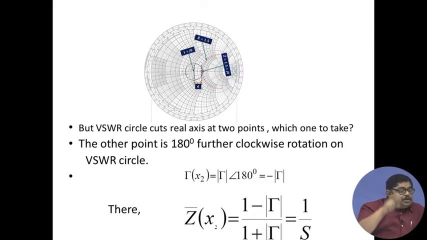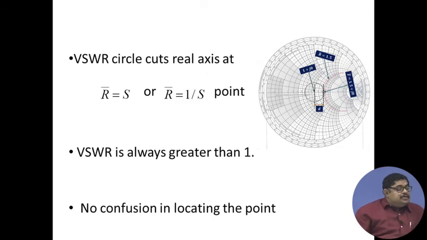The VSWR circle will cut the real axis at 2 points, so you can get 2 values of R, because in the Smith chart graduation there will be 2 constant R circles at those points, but one of them will have a value more than 1, and the other less than 1, because VSWR or S is always greater than 1. Which one will you take? It is your judgment. The VSWR circle cuts the real axis at R equal to S or R bar equal to 1 by S point.